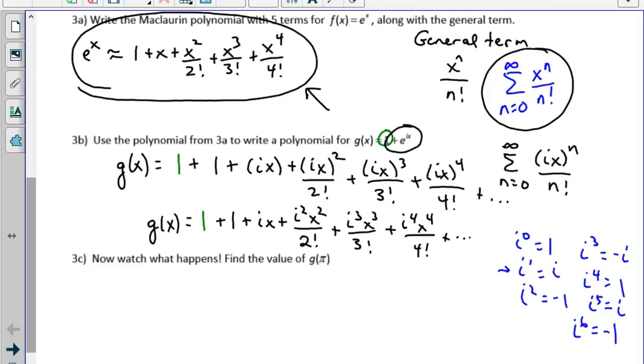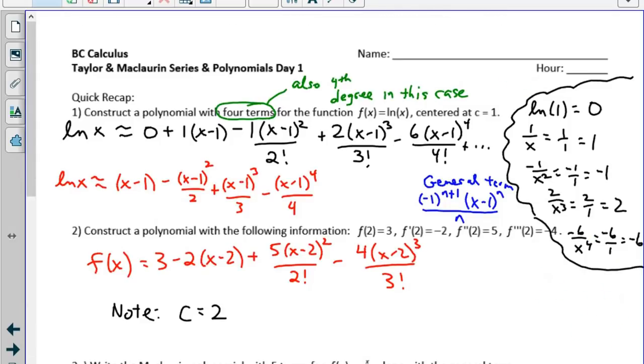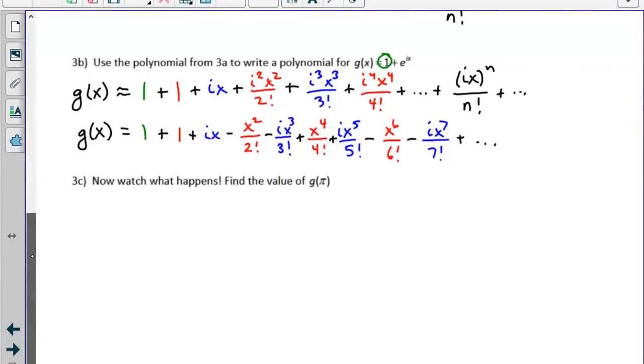Now to find g of pi, notice that g of pi is going to be 1 plus e to the i pi. So I've pre-written a lot of this in order to save ourselves some time, but I have the 1 from the problem that I circled in green.